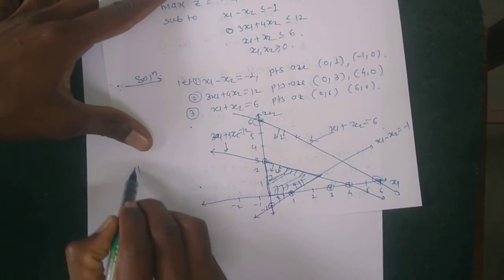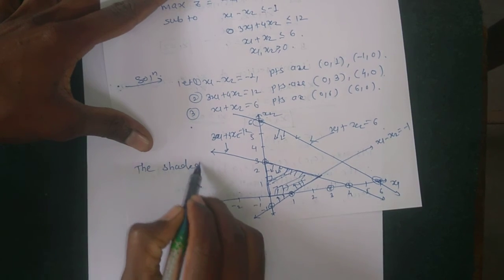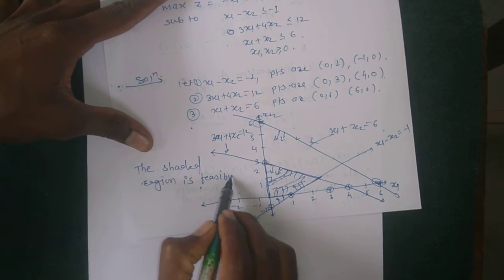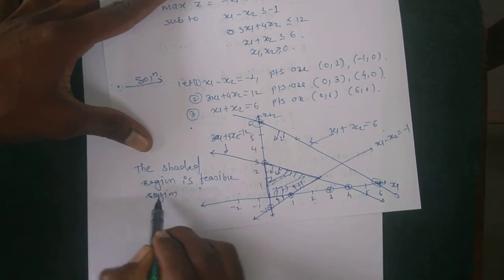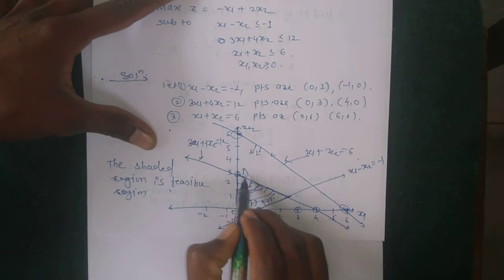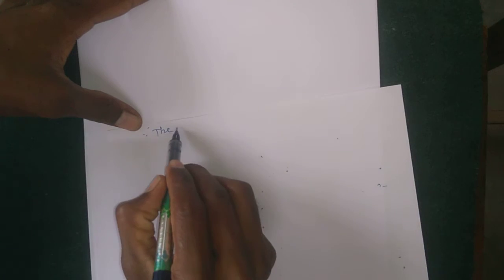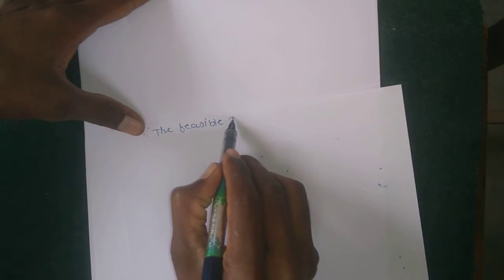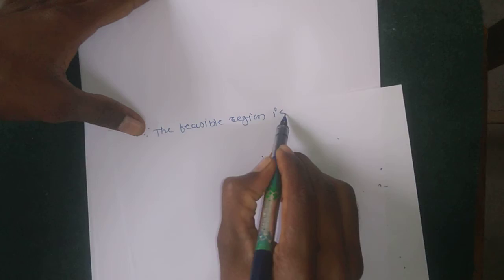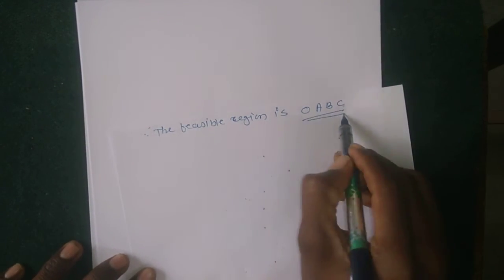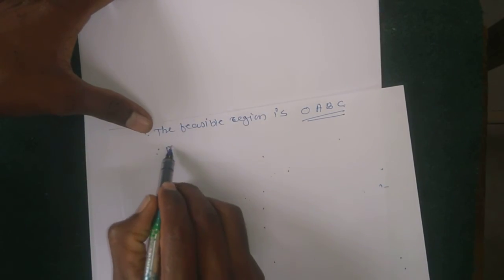The shaded region is the feasible region. So this is O A B C, and the feasible region is OABC.